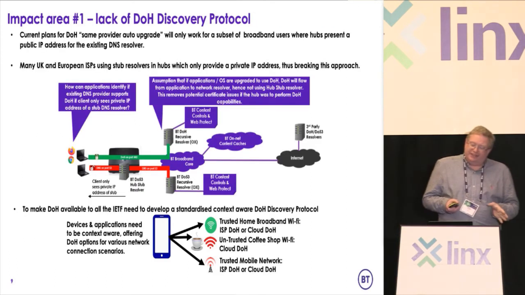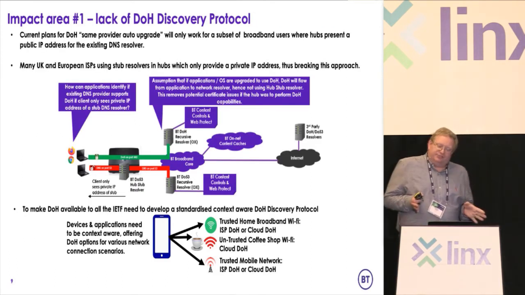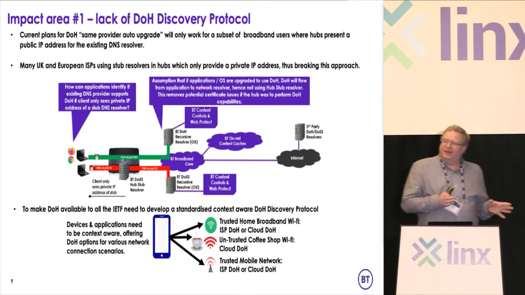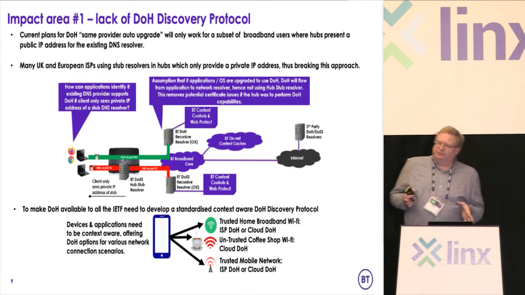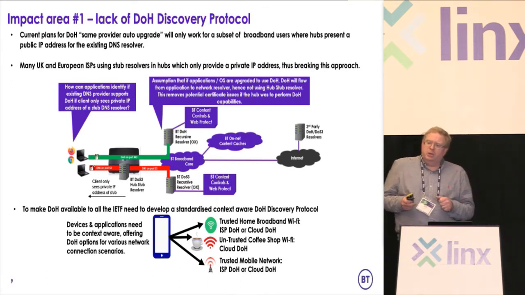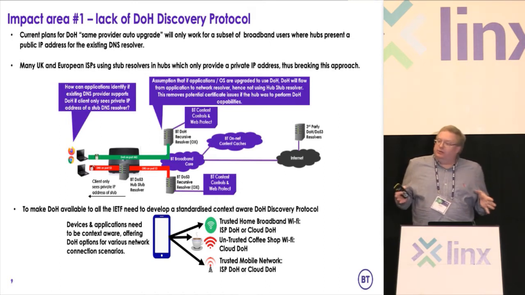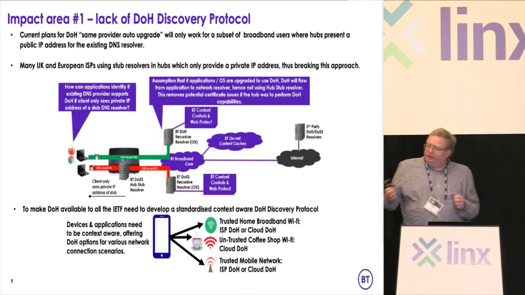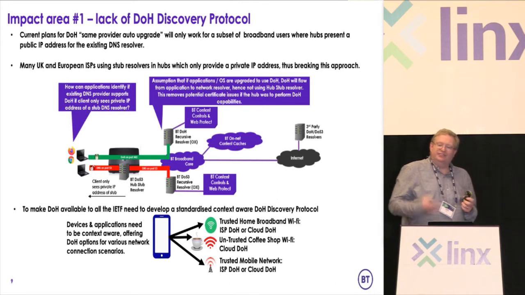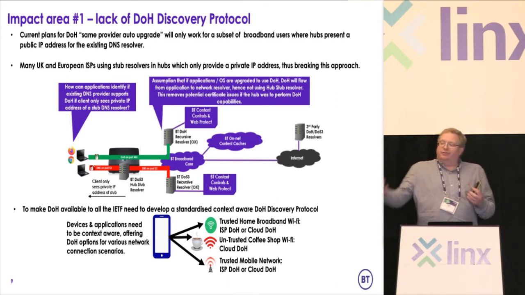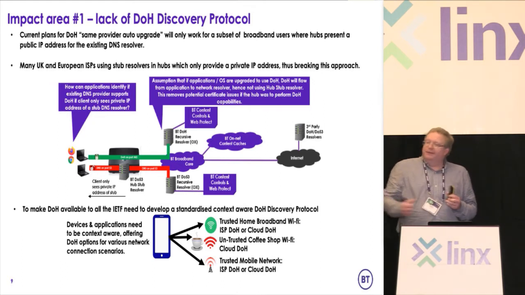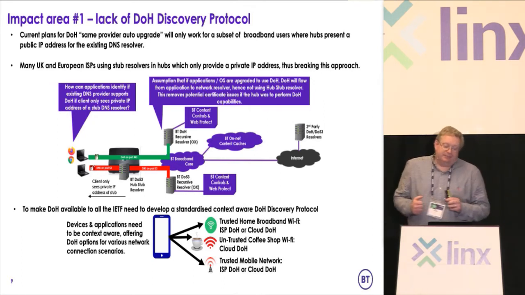The first one is the lack of a DoH discovery protocol. As I mentioned earlier, at the moment, Microsoft Windows and Google Chrome are planning to use an IP address lookup table against the current public-facing DNS resolver, DNS over 53, to say, does that operator support DNS over HTTPS?